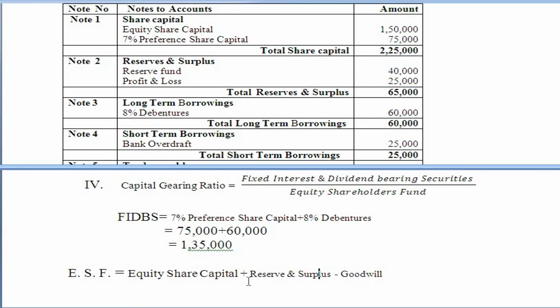There are no preliminary expenses given in the problem. What is the amount of equity share capital? It is 1,50,000. Equity share capital 1,50,000 plus reserves, how much? Reserves and surplus total how much? It is 65,000. Minus what is the amount of goodwill? Now check in the note number.